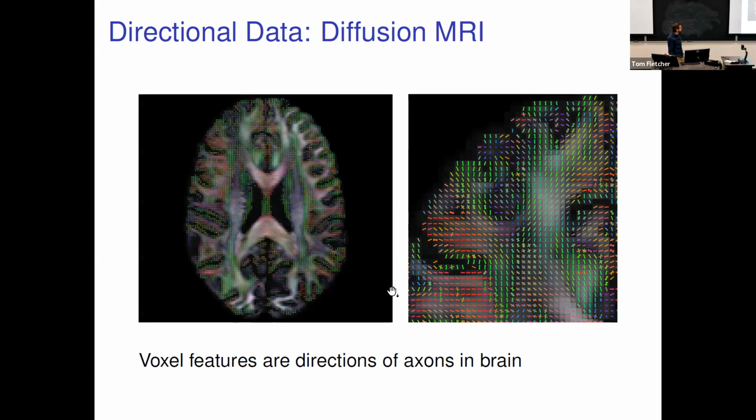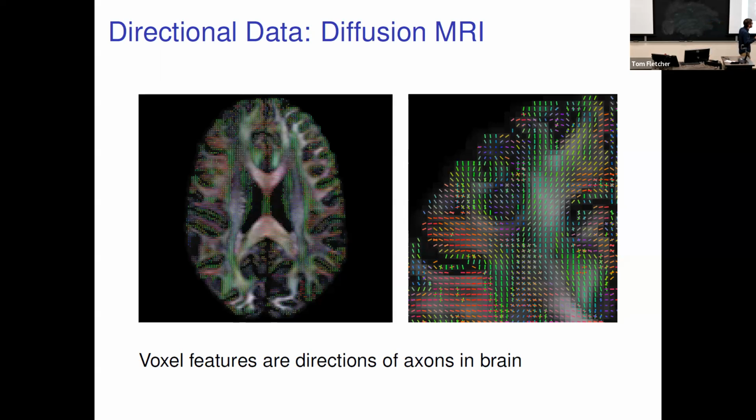Here's an example of data that I work with in my research that is directional. This is something called diffusion MRI, magnetic resonance imaging. What happens here is when we take a picture of the brain, this is really a 3D picture, by the way, I'm just slicing through it in one particular axis. Instead of getting just a number, like a gray value at every point in the 3D in the brain, we actually get a lot more information. We can get these little vectors of directionality. What that's telling us is the fibers, the axons in the brain, what direction they're headed in.